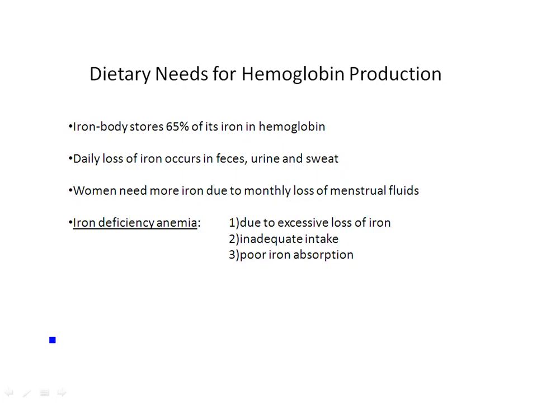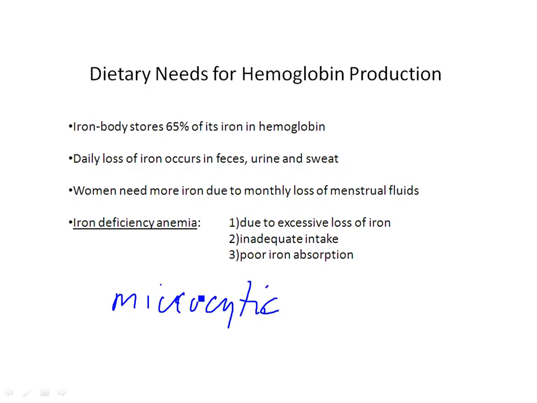The problem is all of these, no matter what the cause, are going to result in what are known as microcytic red blood cells. Let me write that on here. Oops, that's an R, I can't write. Microcytic red blood cells are like the name says. Micro, they're small cells. So they're smaller, they contain less hemoglobin.